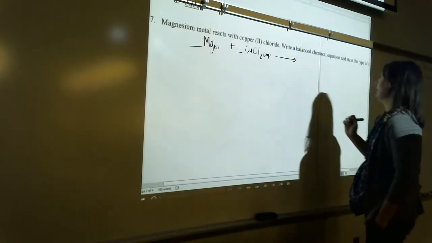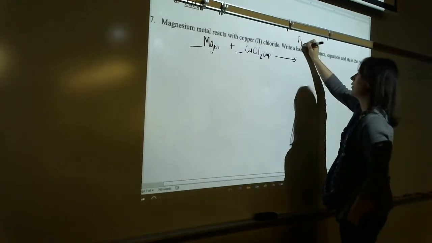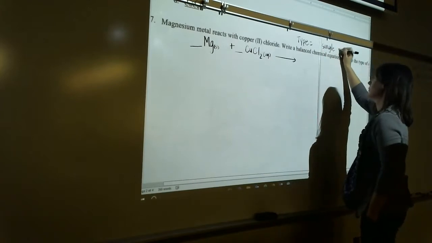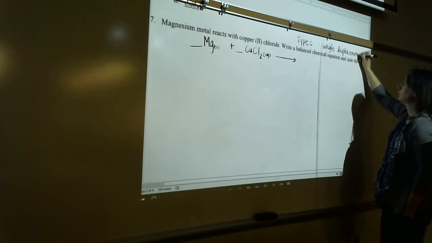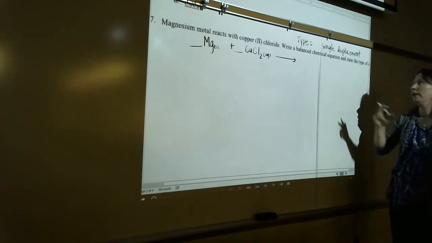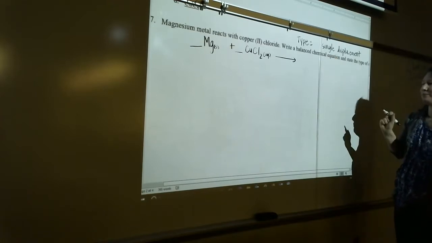Okay, what kind of reaction is this? Make sure you put both words. I remember people getting points lost when we did this chapter. They just write single or double. It's not just single displacement.